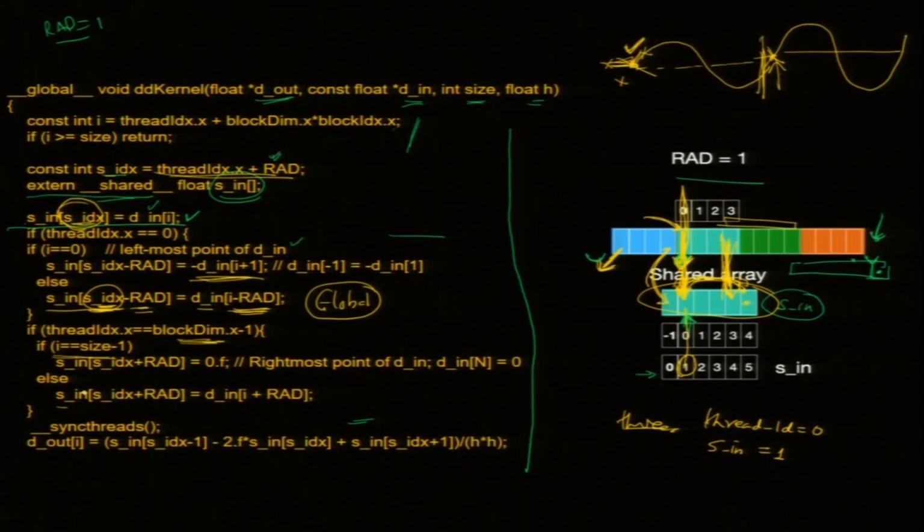If it is not the last block, then I can just take the value D at I plus RAD and copy it. But if it is the last block, which is I equal to size minus 1, then what should I do? I need to extrapolate again, and I know for the sine function the last point is 0. So, I have put it 0.